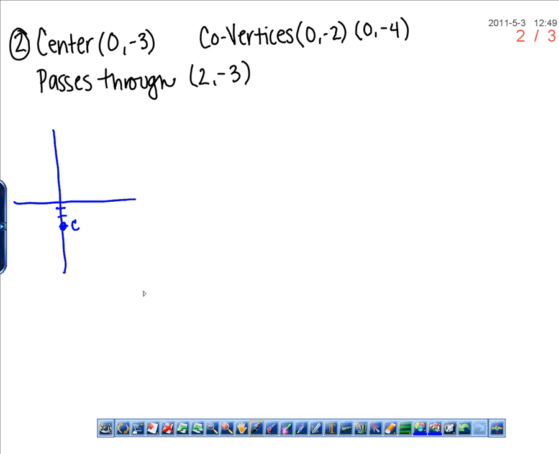So my center is at 0, -3. And I have co-vertices at 0, -2 and 0, -4. And it passes through the point 2, -3. Okay. Can we start writing the shell or the skeleton of our equation? How's it going to start?